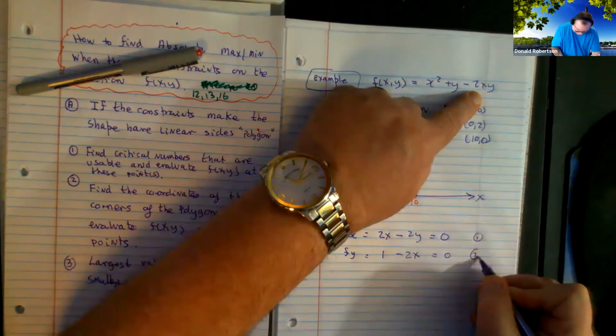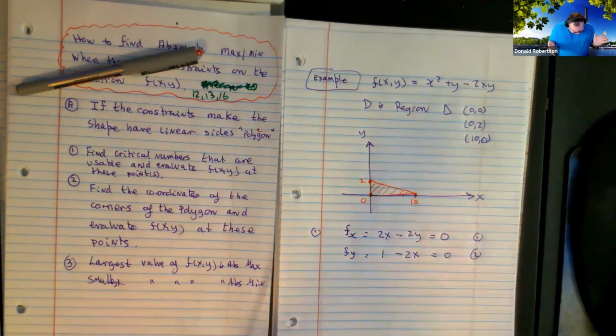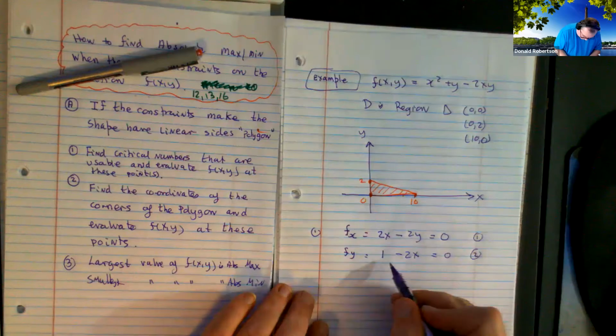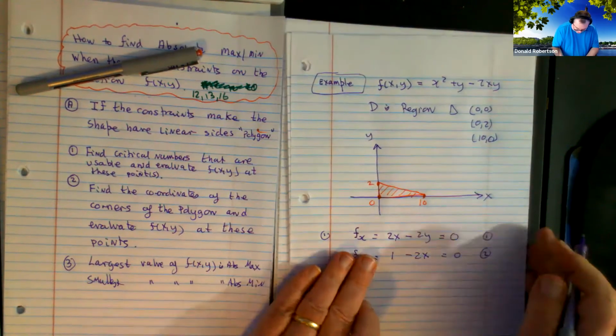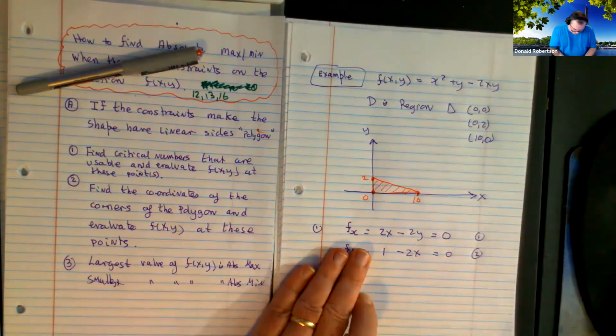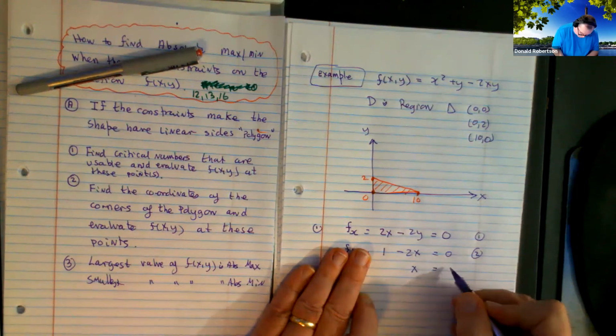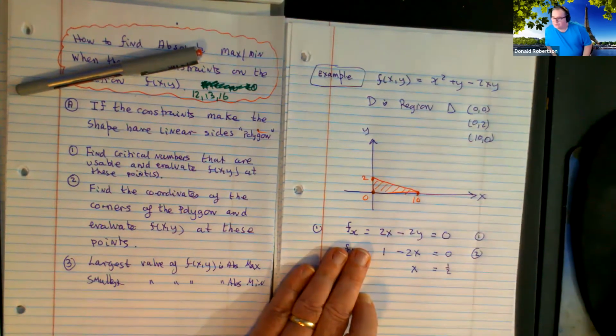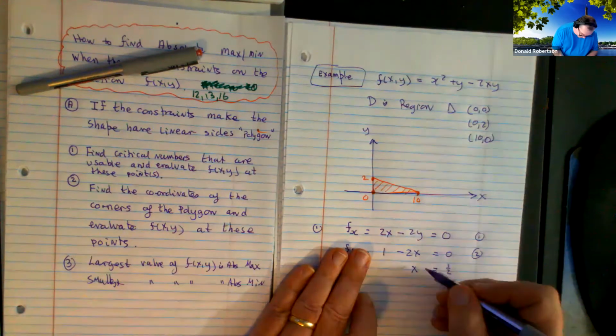And now we've got a system of equations. There are all sorts of combinations here, but you try and make life easy. Would you agree that this equation here is very easy to solve? In fact, won't that work when x is a half? Agreed? So x has to be a half.